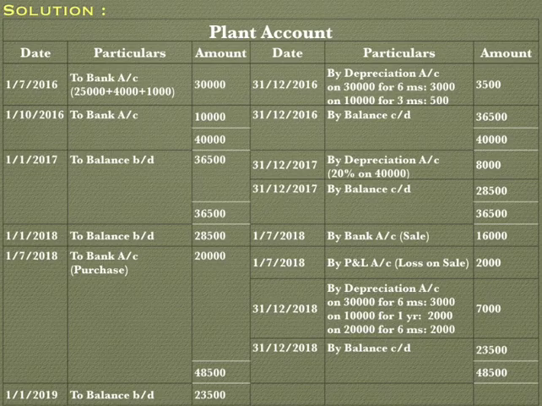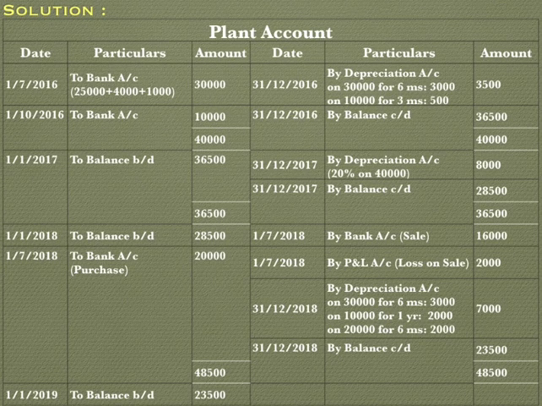On 10,000 for 3 months depreciation becomes 500. So the total depreciation for the year 2016 is rupees 3,500, which we have written on the credit side. So let us close this account for this year. Debit side is more than credit side, so we will total the debit side first. Total amount is 40,000. The balancing figure is rupees 36,500. This is the balance carried down for this year.